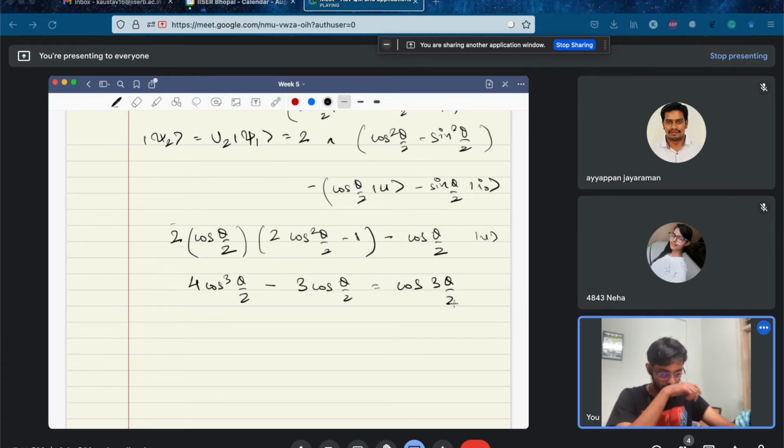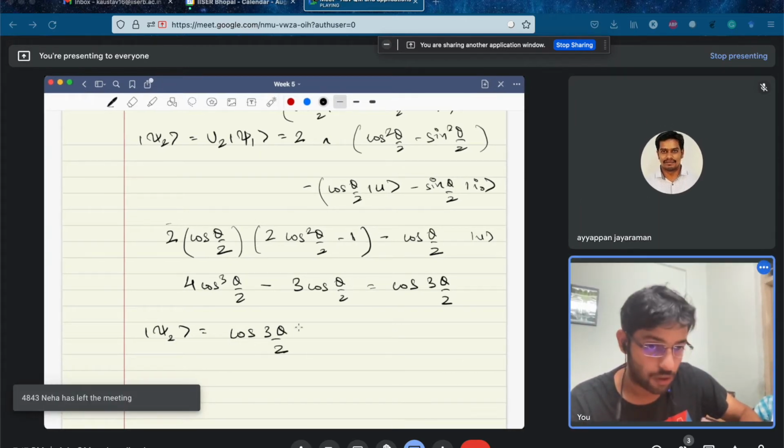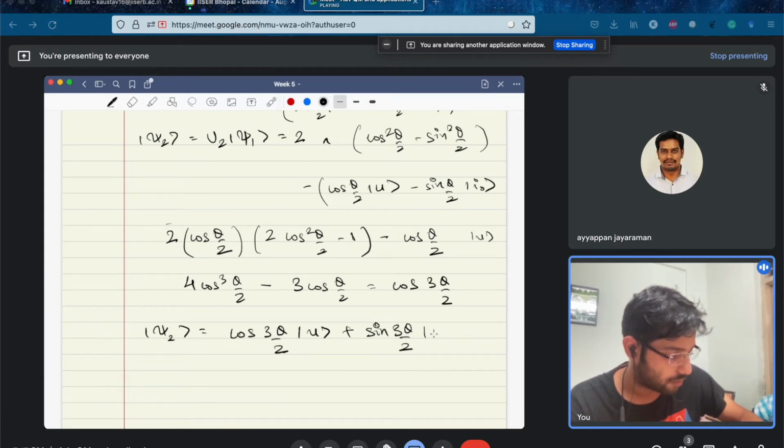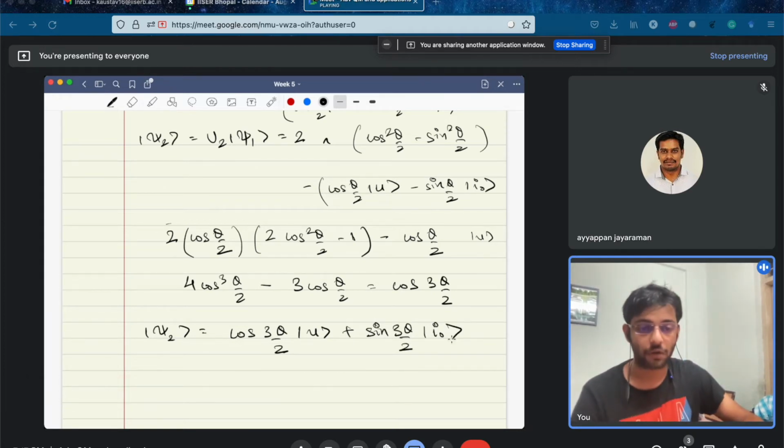And similarly, if you do it for I naught, you will find out that it has the sine 3 theta by 2 in the plus. Okay, so you get the psi 2 state written as cos 3 theta by 2 u plus sine 3 theta by 2 on the I naught.